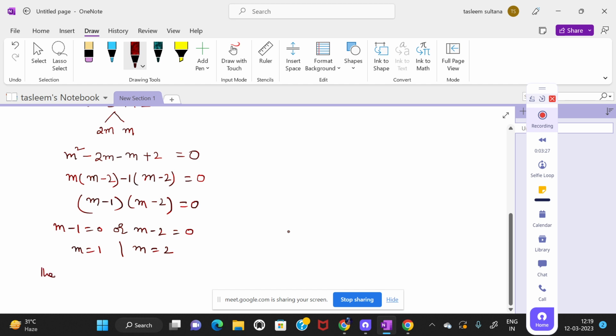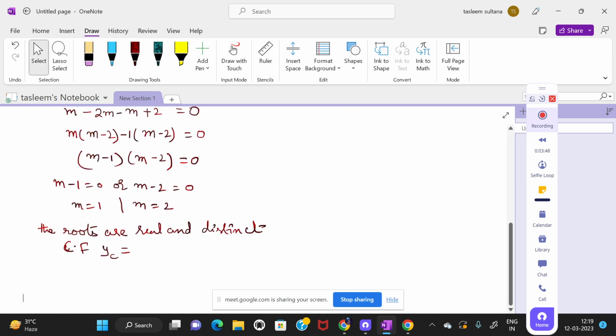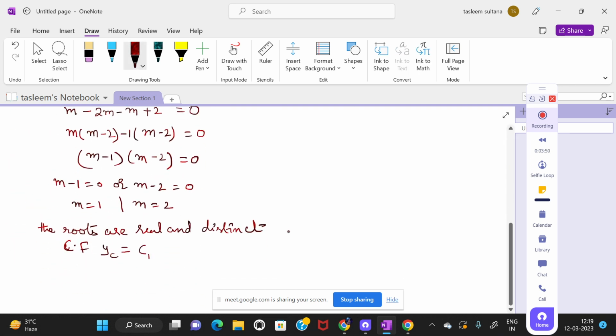The roots are real and distinct, where your complementary function y suffix c equals c1 e to the power of m1x plus c2 e to the power of m2x.